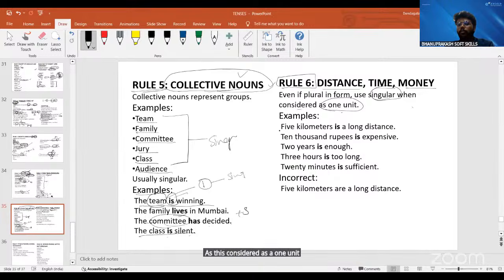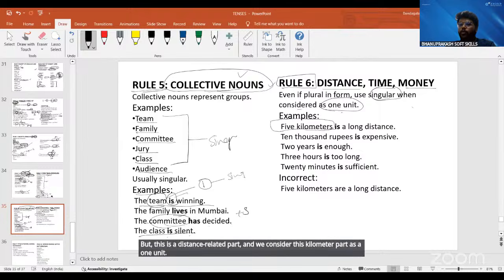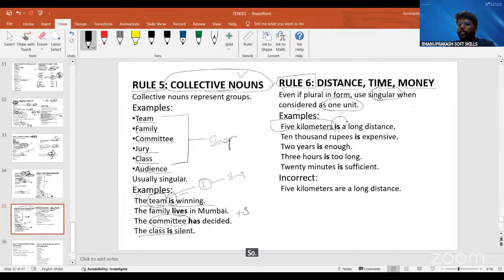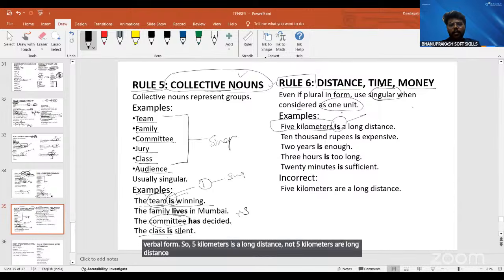For example, 5 kilometers looks like a plural, but this is a distance, and we consider it as one unit. So in such cases, we use the singular verb form. So 5 kilometers is a long distance, not 5 kilometers are a long distance.